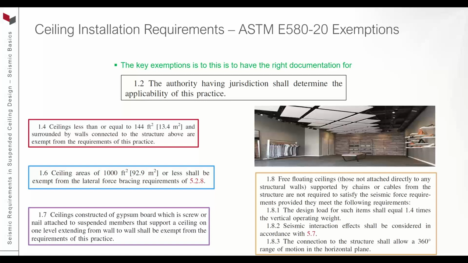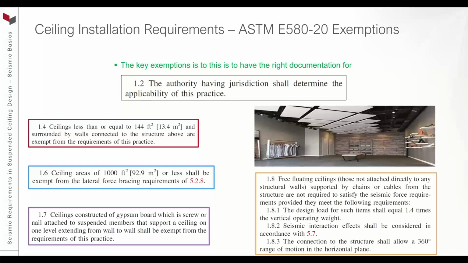The code allows for exemption because the way floating clouds operate, it's like a plumb bob. If you attach a plumb bob to something and you move that something, and the plumb bob is only extended down, say, a foot, the plumb bob itself moves quite a bit.